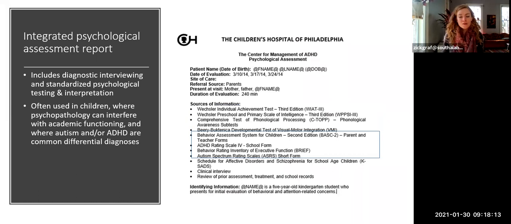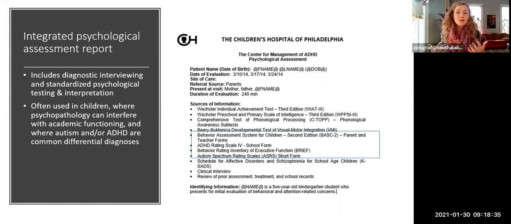This patient also had normed and non-normed self-report questionnaires assessed, which in this case, because he was 5, were all filled out by parents and teachers. So the BASC, the Behavior Assessment System for Children, is population normed. So a normal score on this is 0. The ADHD rating scale is a symptom checklist.